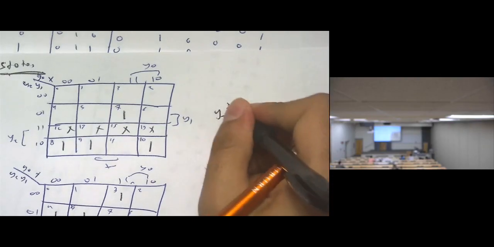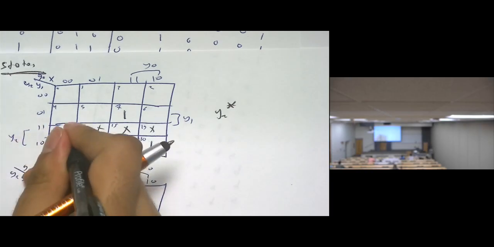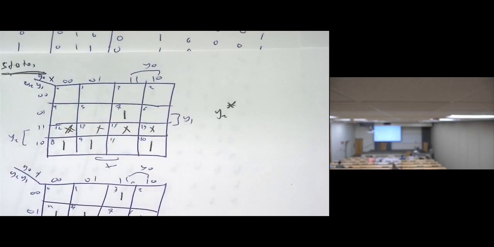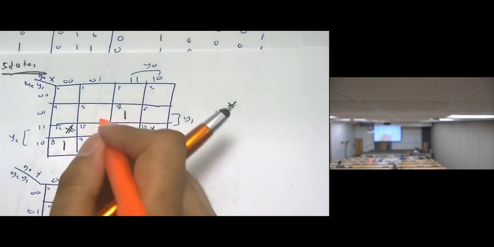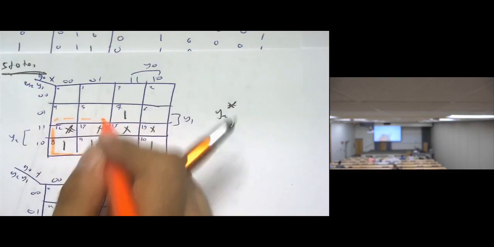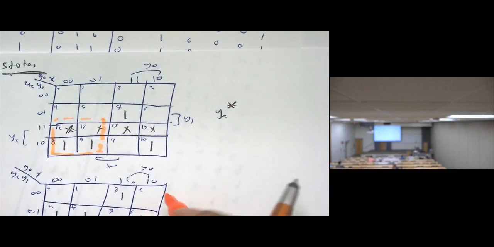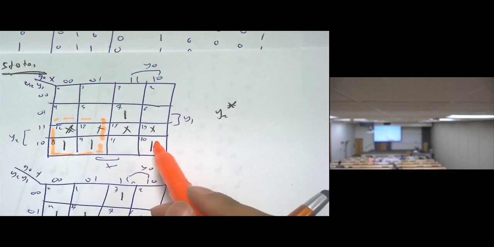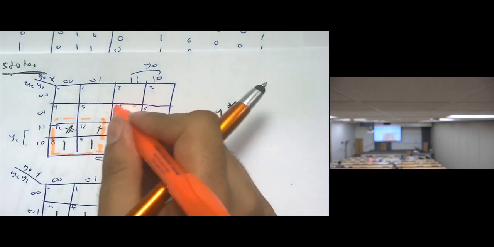So y2 star. How can we group the flip-flops? Again, the don't cares are not necessarily to be added. We are trying to make a group of 16. There is no way. A group of 8, no way. A group of 4, is there a way to make a group of 4? What do you think? Yes, we can make a group of 4 here, right? Can we make another group of 4, including the ones? No. Group of 2, yes.